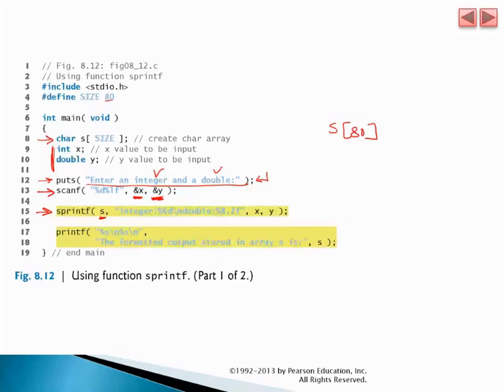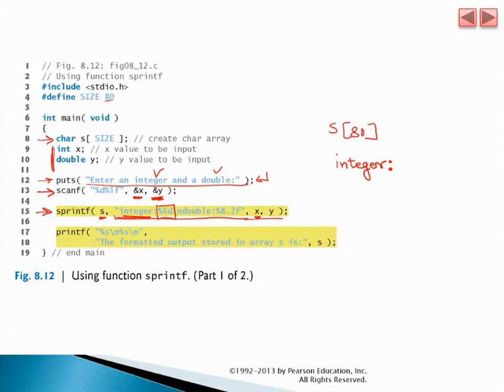Now see what we are writing. We have to mention what to write inside this array. In the S array we are writing "integer:", then there is a format specifier %6d, and the value is taken from x.